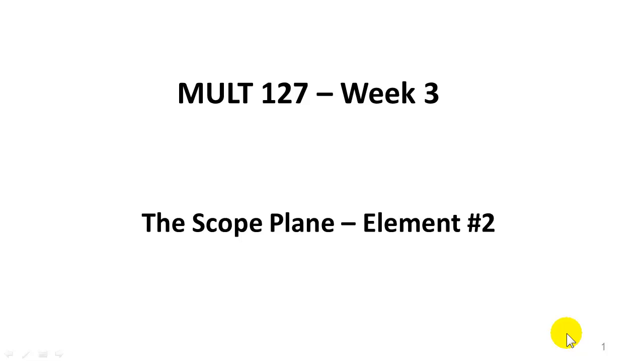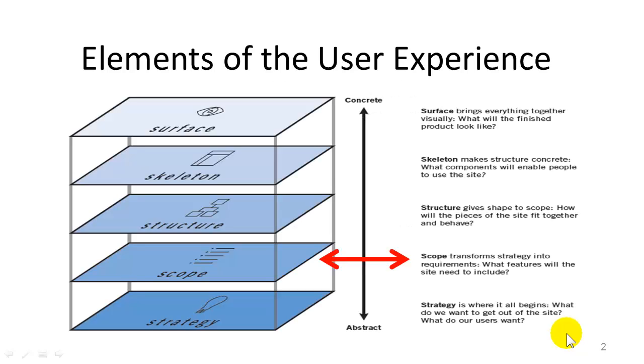This week we will look at the scope plane, which is element number 2 in the user experience text. So let's review the 5 elements. Last week we looked at the strategy, and this is the very most important part. This is where we determine what we're doing and who we're doing it for.